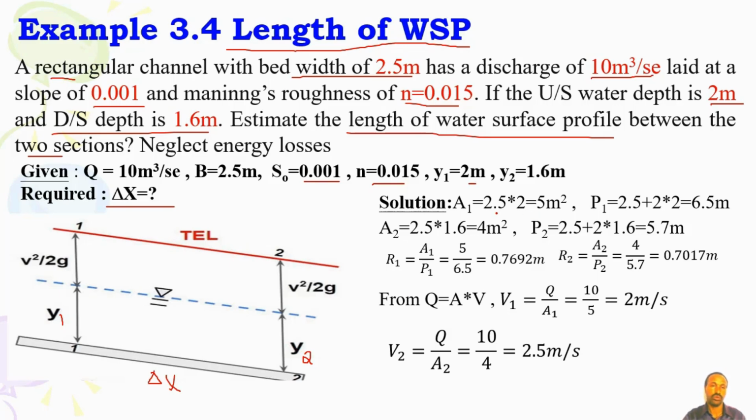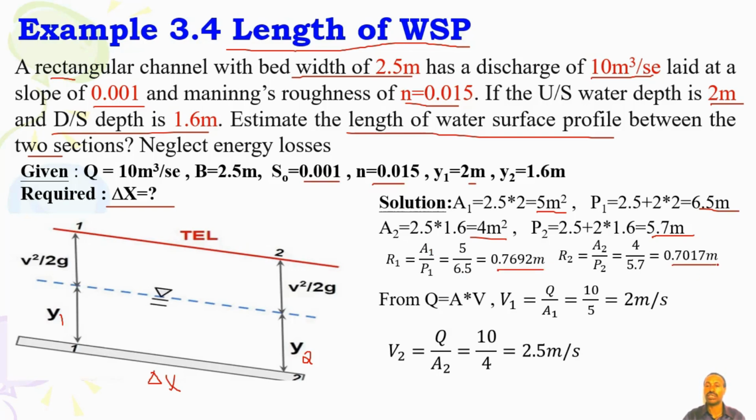Then A1 will be 2.5 times 2, since it is rectangular, B times Y, 5 square meters. P1 you calculate. A2 is B times Y2, this is 4 square meters, and P2 will be B plus 2 times Y2. Then you calculate the hydraulic radius, A over P, for both.